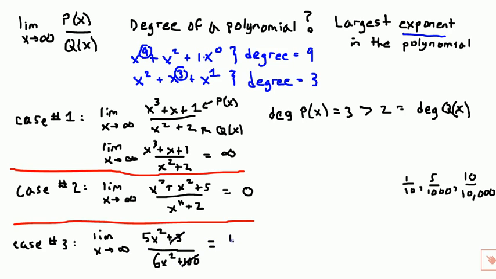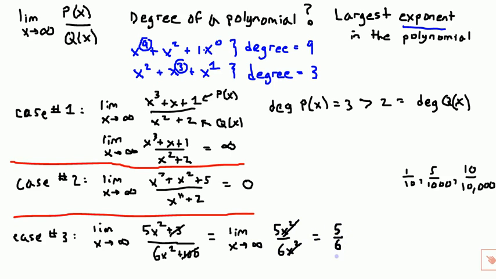So if we cross them out, then we're left with the limit as x approaches infinity of 5x squared over 6x squared. And now we can just cross out these x squared terms, and we're left with 5 over 6. Okay?